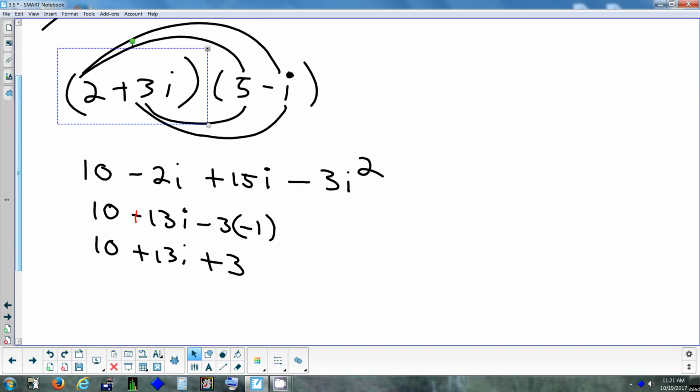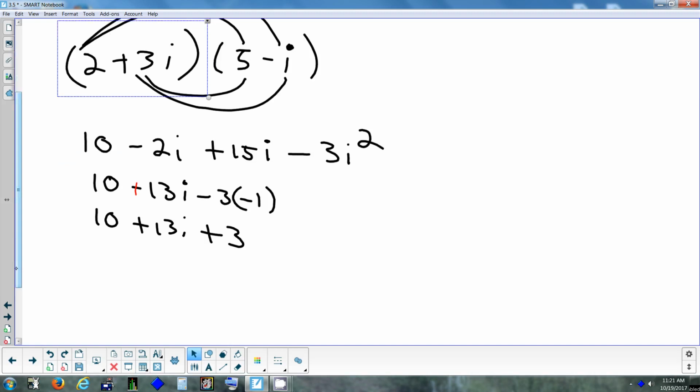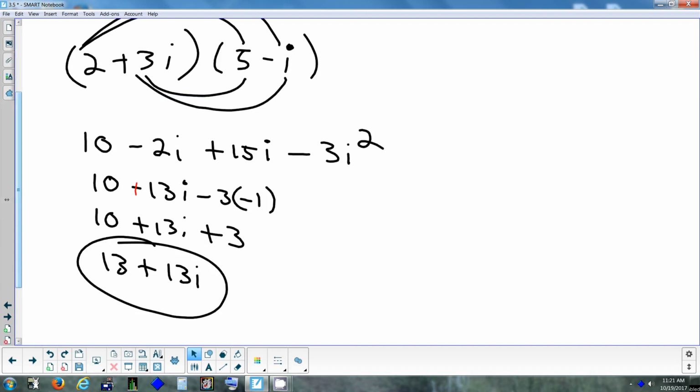And now you can combine positive 10 with positive 3, and what do you get? 13 plus 13i. Yeah. Just a coincidence that the real part and imaginary part both came out with it. That doesn't have to happen.